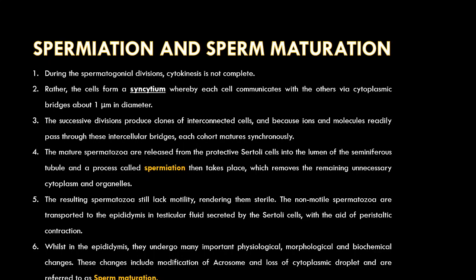Now, the mature spermatozoa are released from the Sertoli cells into the lumen of the seminiferous tubules by a process called spermiation, which removes the excess unnecessary cytoplasm and organelles. So, what is spermiation? It is the process of removal of the residual cytoplasm and unused organelles from the spermatozoon.